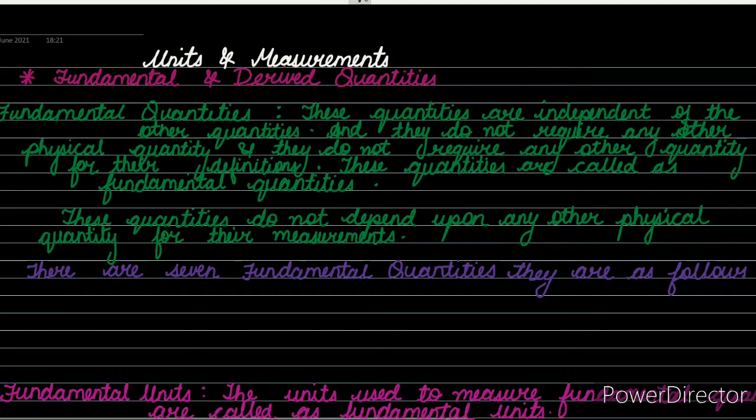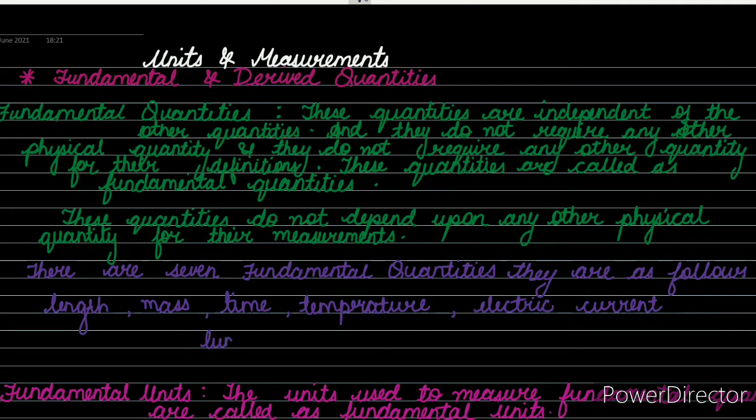As we know that they are completely independent, they are length, mass, time, temperature, electric current, luminous intensity, which we are going to discuss later, and last but not the least, amount of substance.